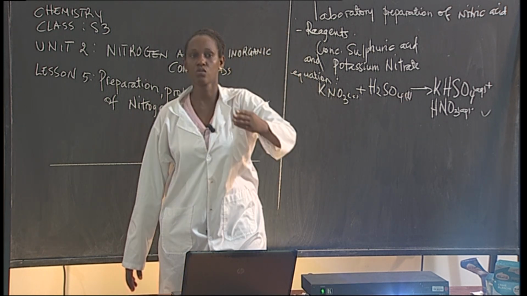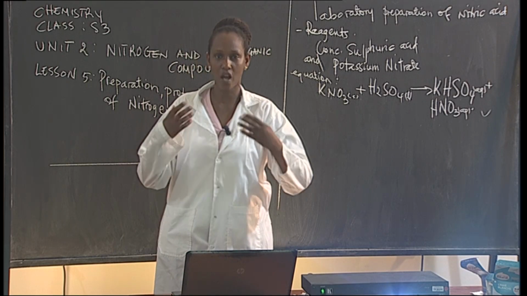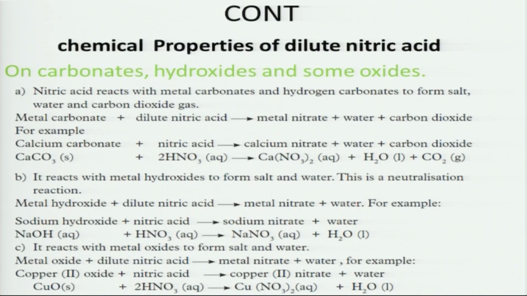Then the other one is the Oswald process, where there is catalytic oxidation of ammonia. Good. So we continue with the chemical properties of nitric acid. Under this, we look at how nitric acid reacts with carbonates, hydroxides, and some oxides.